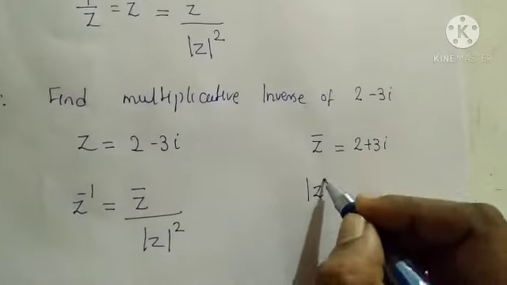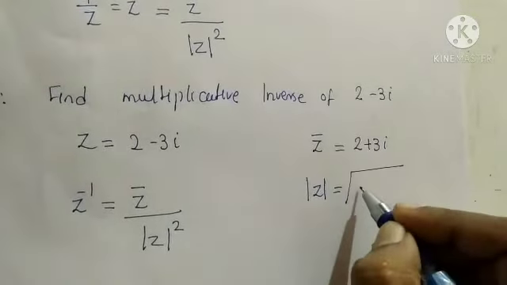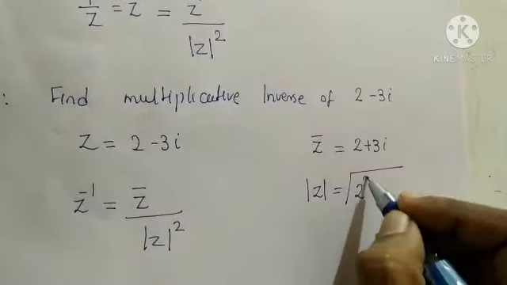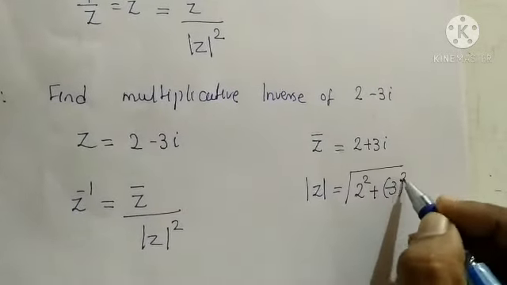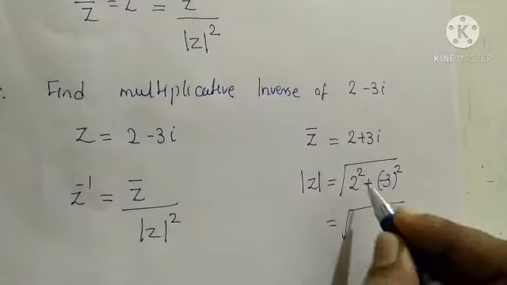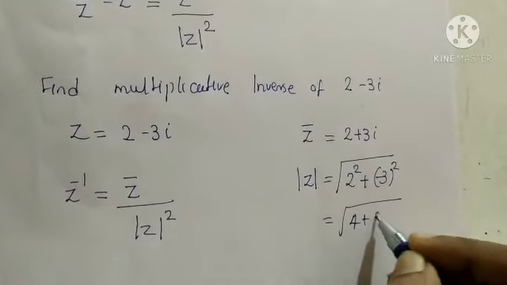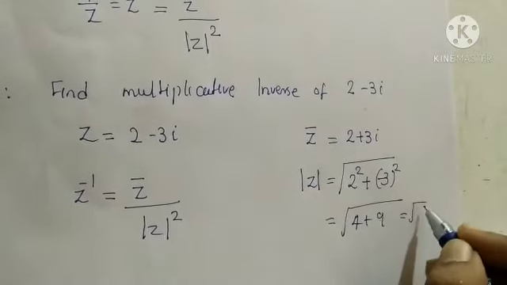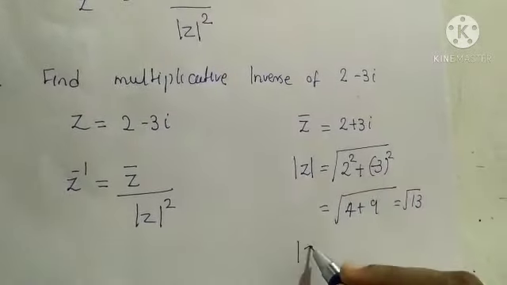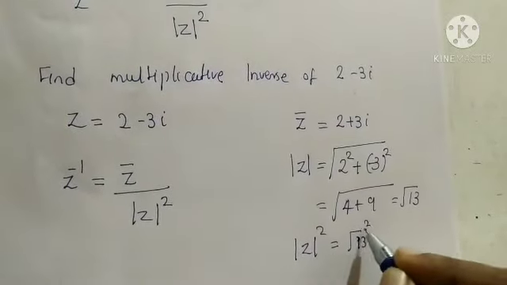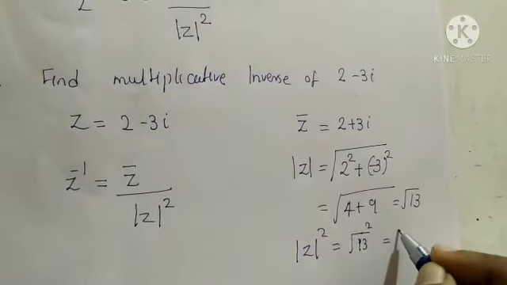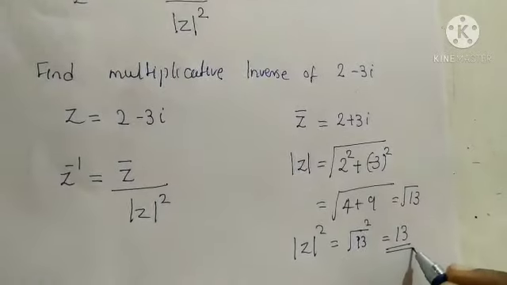Next we need to find mod z, which equals root of the real part square, that is 2 square, plus the imaginary part square, that is minus 3 square, equal to root of 4 plus 9, equal to root 13. Mod z all square means root 13 square, which is equal to 13.